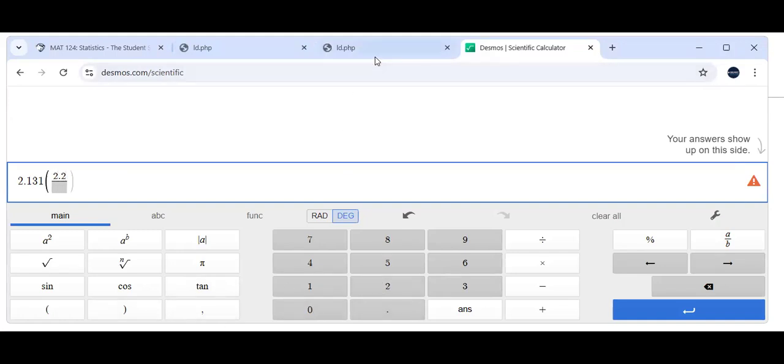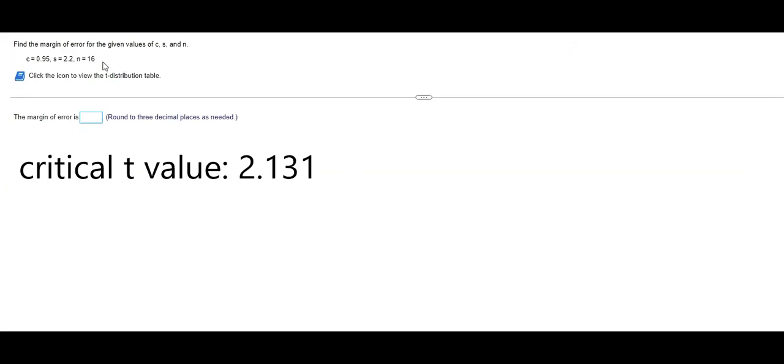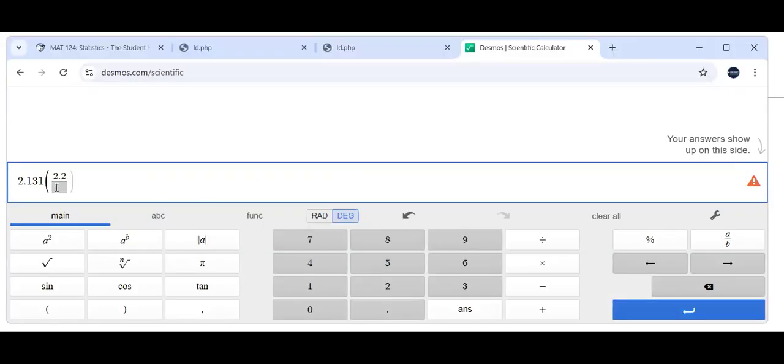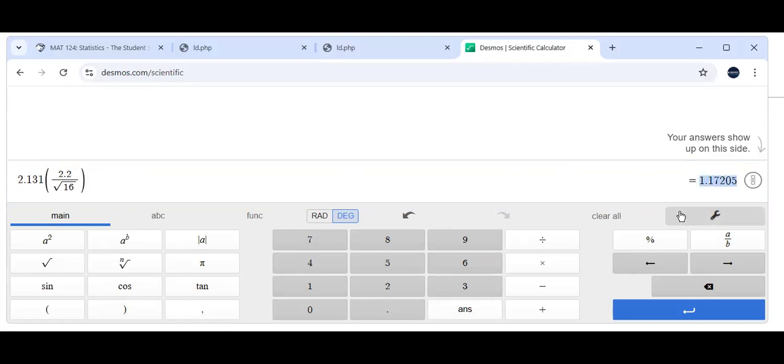And according to the formula, I have to divide by the square root of n. Now in our problem, n is 16, so I'm going to divide by the square root of 16. So I'm just going to click down here, square root 16. And for good measure, I will close the parentheses. And it looks like I end up with this right here, 1.17205.